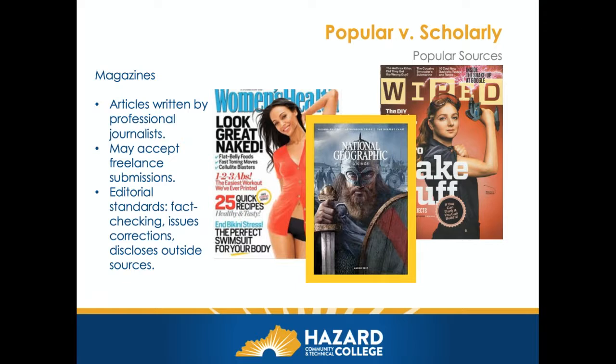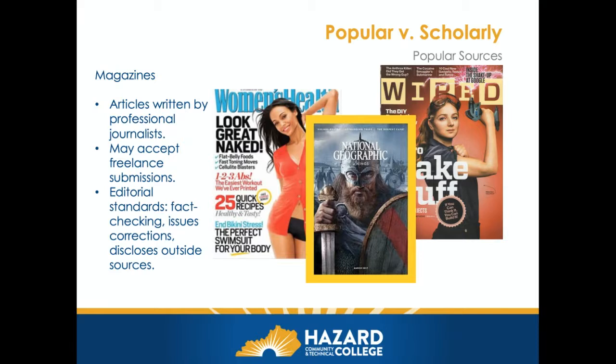It's very unlikely you're going to have any kind of peer review, which is the process of a board of people with the same or higher qualifications coming to a consensus on the facts or the data within the article. So these are professional journalists. They do have editorial standards.